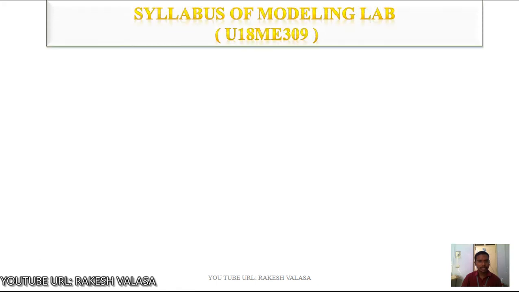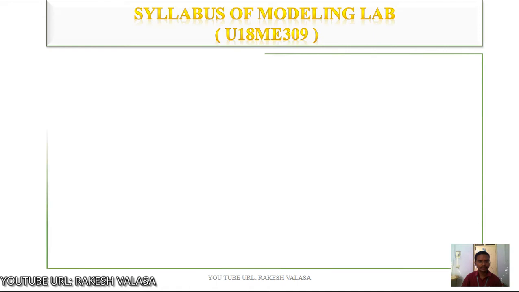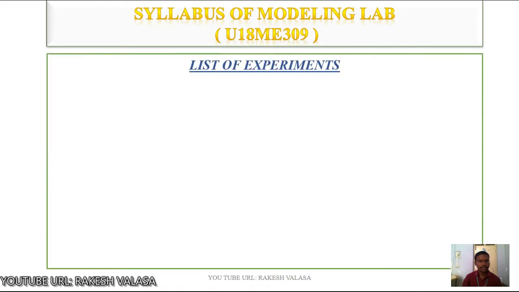Let us see the list of experiments in the modeling lab. The first experiment is introduction to 2D sketches, basic tools, constraints and dimensions. In this first experiment, we will learn about CATIA, and specially we will practice on the CATIA software.